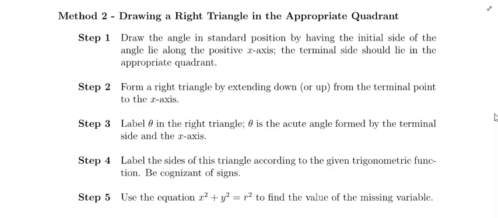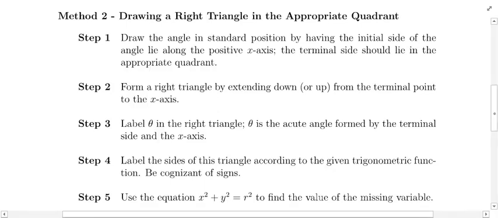In step 3, you're going to label theta in the right triangle. Theta is the acute angle formed by the terminal side and the x-axis.